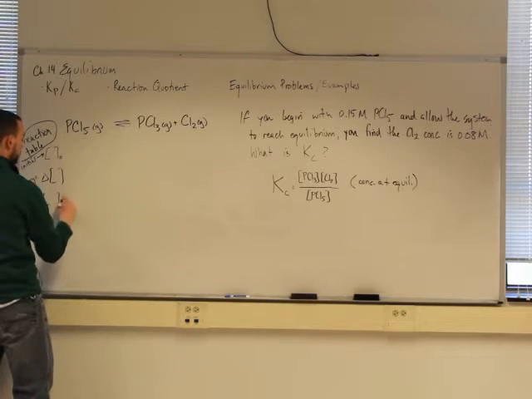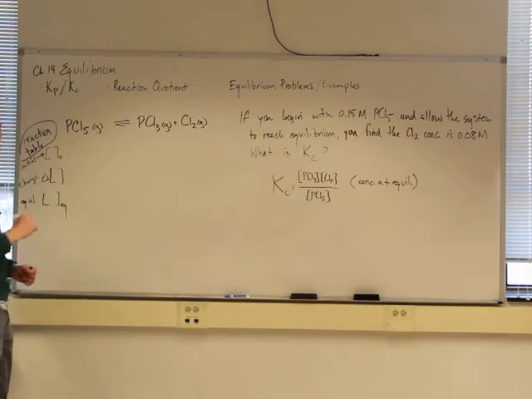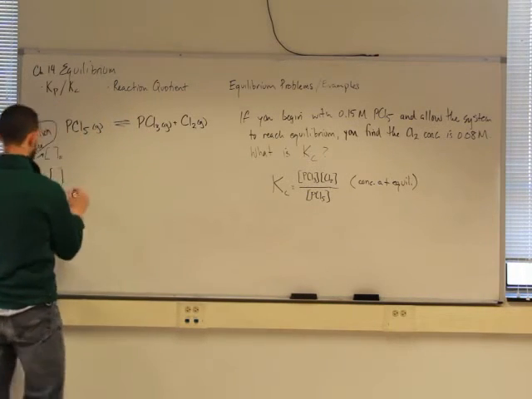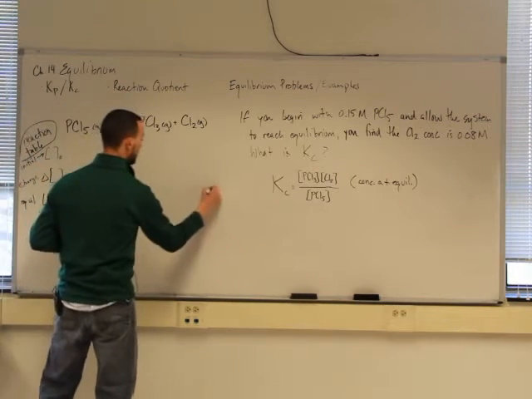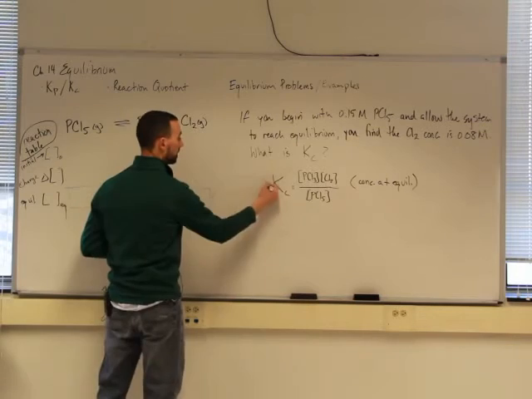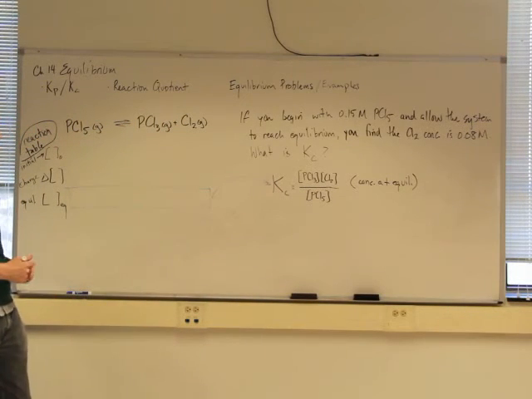And then finally, what is the equilibrium concentration of each chemical? And it'll be this row that's the most important. This equilibrium row, the three values that we get, go over here to the equilibrium constant expression.